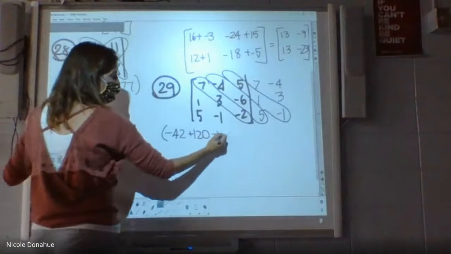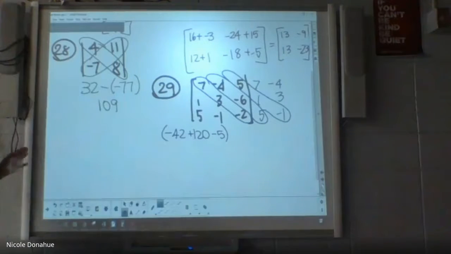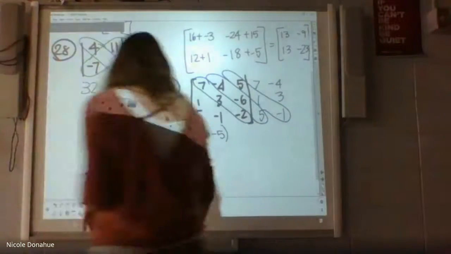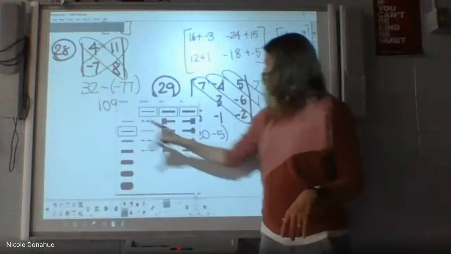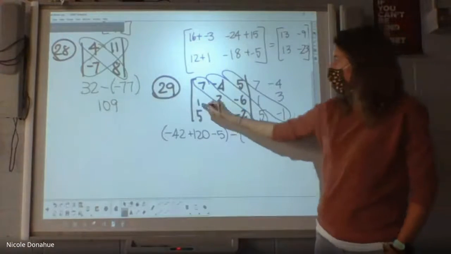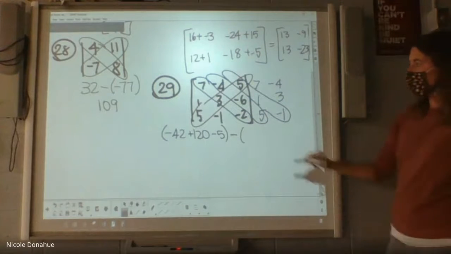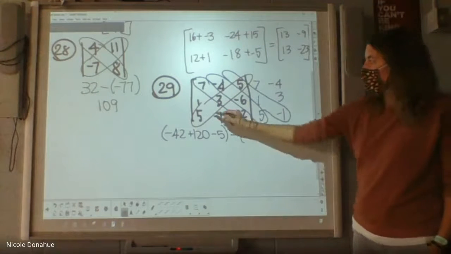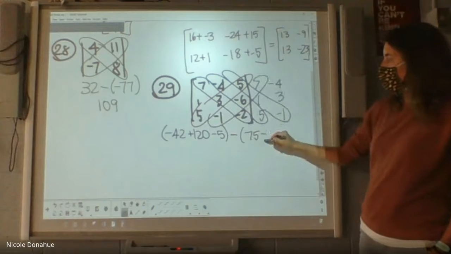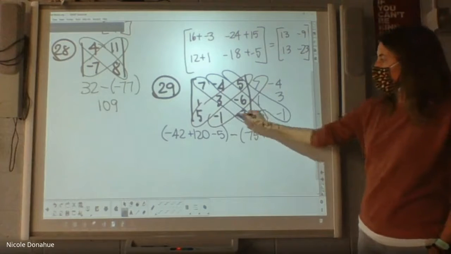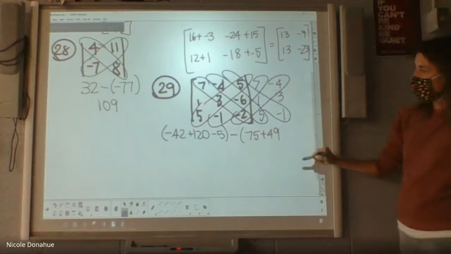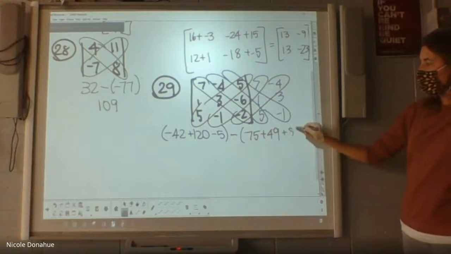And then negative 5. And then we go uphill. We have to subtract. So 75, 49, negative or positive 8, I think.